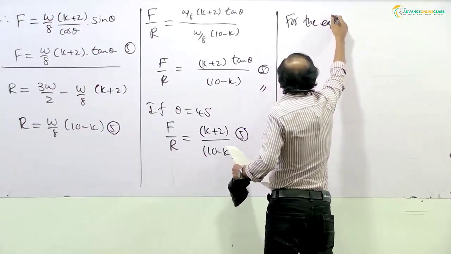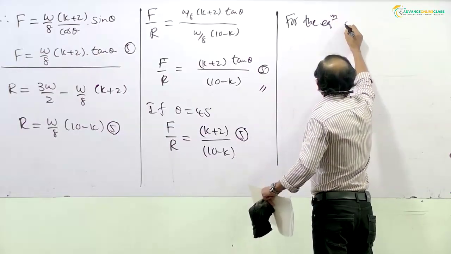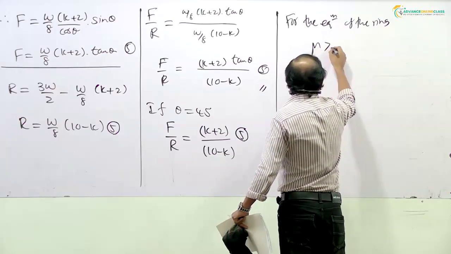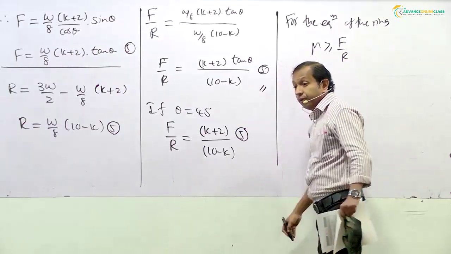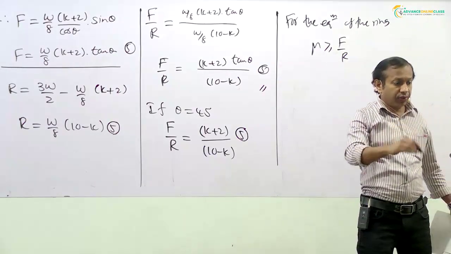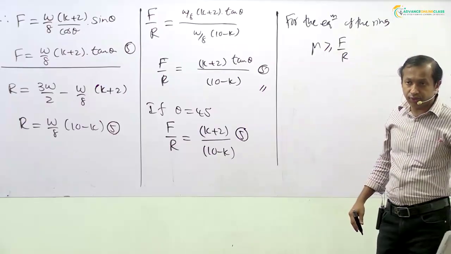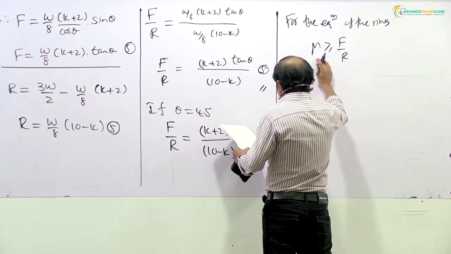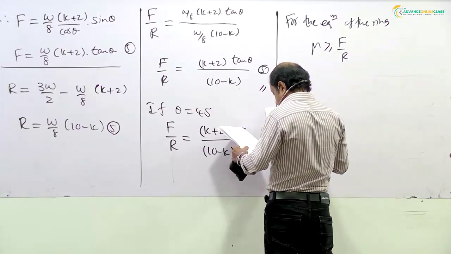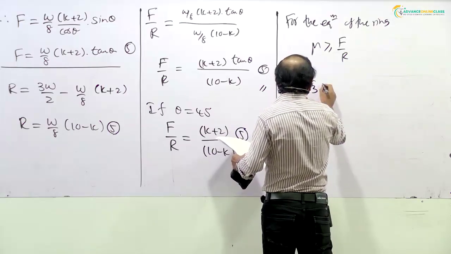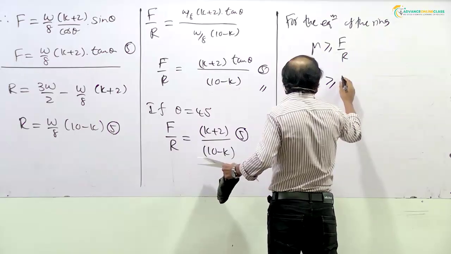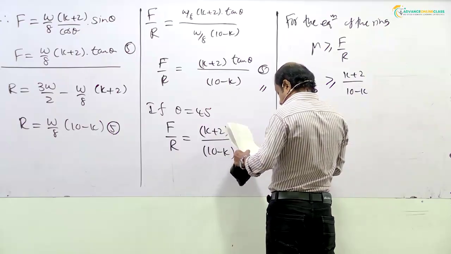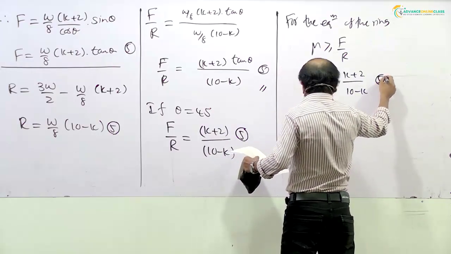Coefficient of friction should be greater than or equal to frictional force divided by normal reaction. Mu we are given as 1/3. Now F upon R is this, K plus 2 divided by 10 minus K. For this 5 marks.